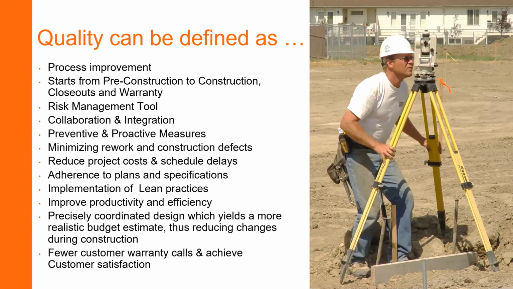The more quality you put into the schedule, the better outcome you have, the better control on the schedule, the better the study in the estimating phase. The better the estimating, the better the outcome of the job. Quality is adhering to plans and specs, as we just discussed earlier.